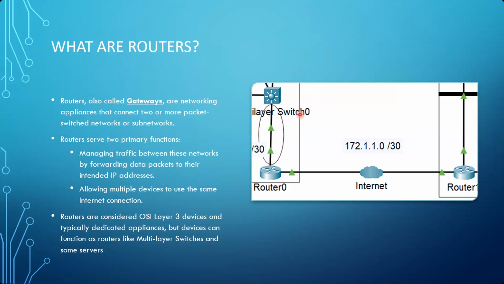Not every business makes even hundreds of thousands of dollars. Some organizations make only a few thousands of dollars a year. So they can't really afford to have a lot of the high-end devices. So instead of buying a switch and a router, they sometimes buy a multi-layer switch, which gives them both features within the same box.